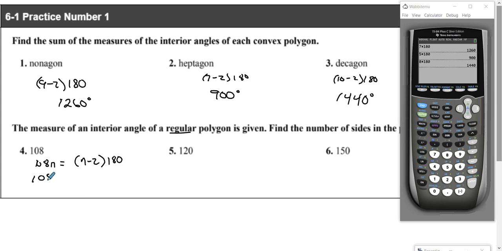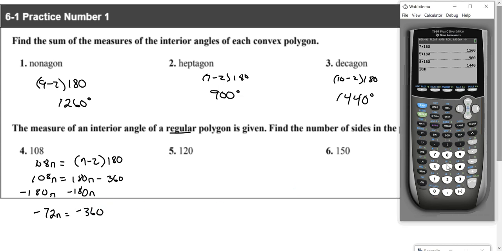Okay, so we get 108n equals 180n minus 360. Subtract 180n from both sides. And I think I can do that in my head. Negative 72n equals negative 360. I think that was right.